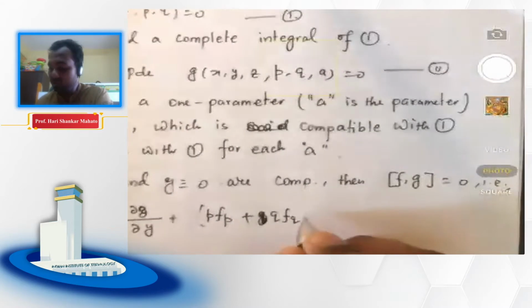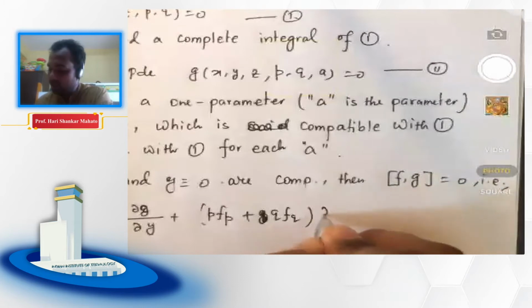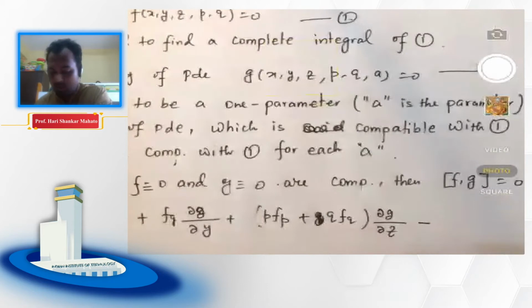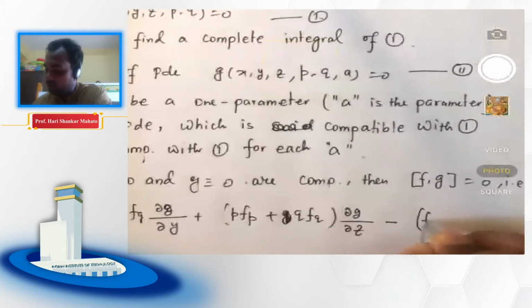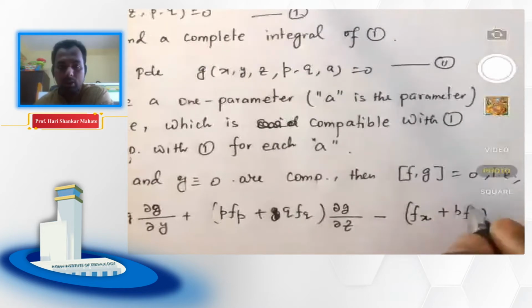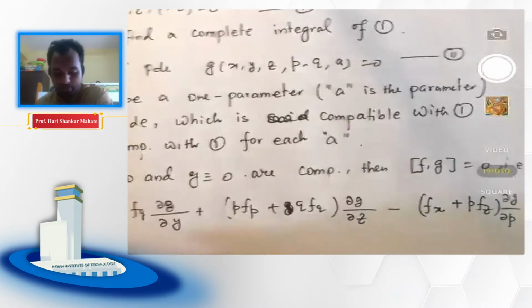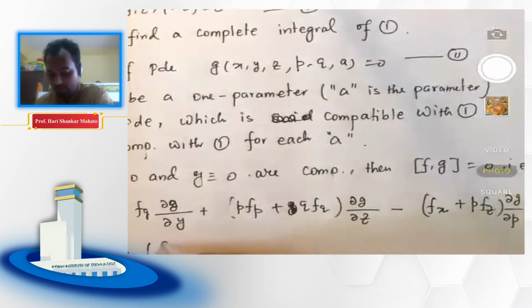So this is what I have written here. (pfp plus qfq) times del g del z minus (fx plus pfz) times del g del p, and then minus (fy plus qfz) times del g del q.